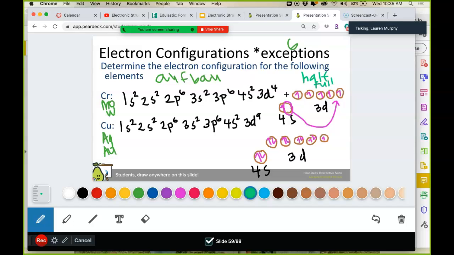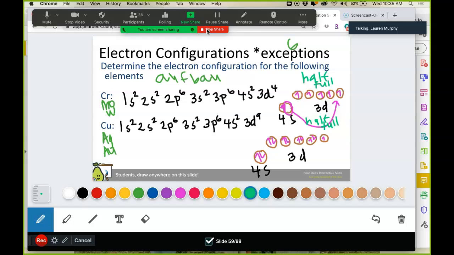It has 5 out of the max 10 electrons. I know this is hard to see, so I'll redraw this. There's an electron in here, right? This is now a half-full s orbital. S orbitals max out at 2 electrons. So you have 2 half-full shells, and half-full is very similar in stability to full orbitals.